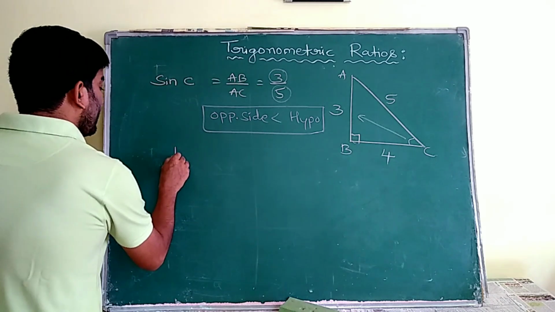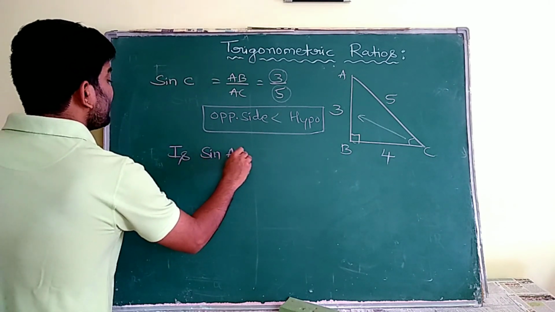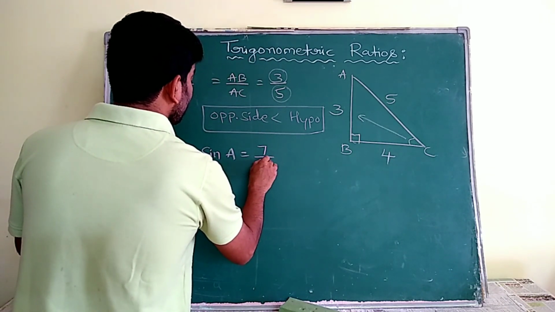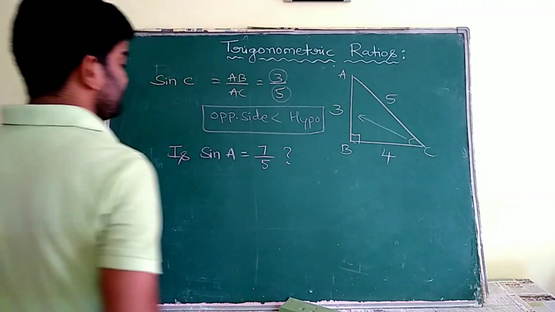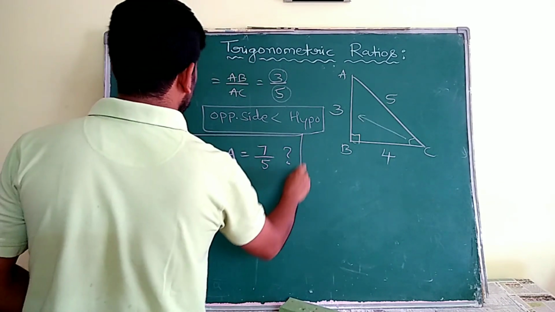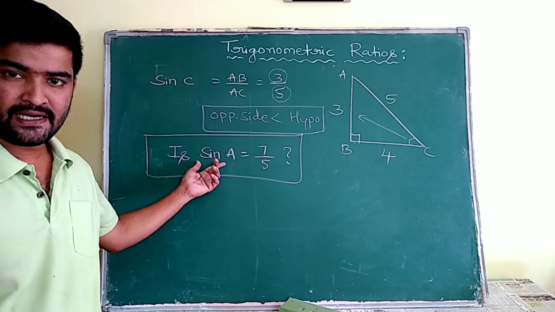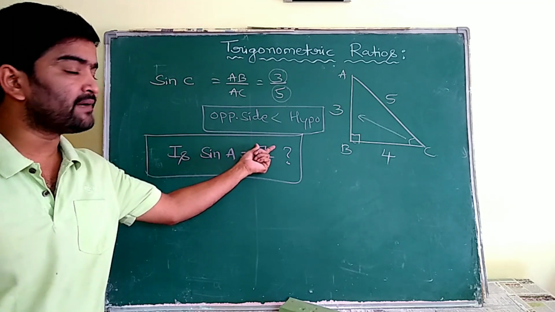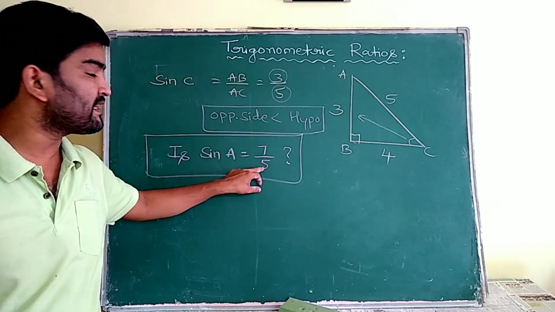Here you may have one question like this, a general question: is sin A equal to 7 by 5? Is it possible? Sine means opposite side by hypotenuse, and the opposite side is always less than the hypotenuse.